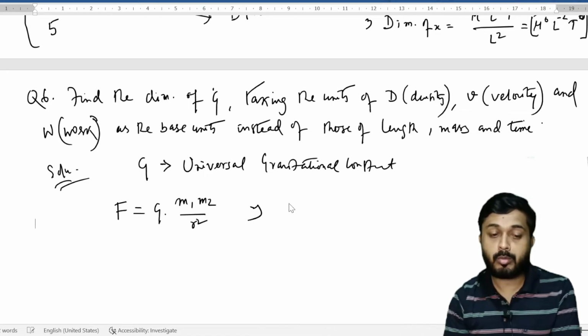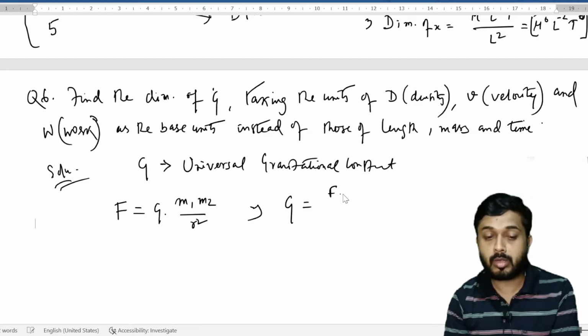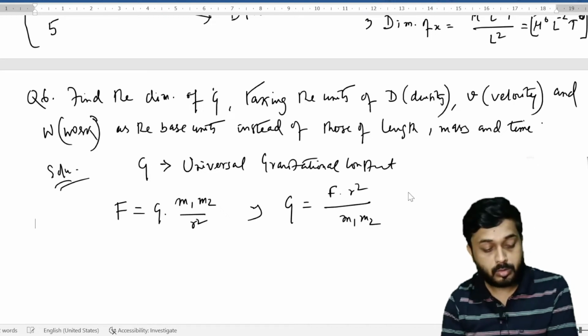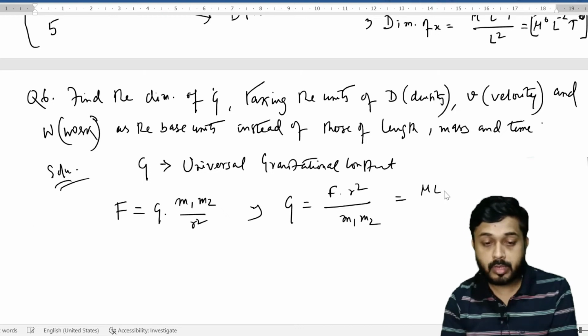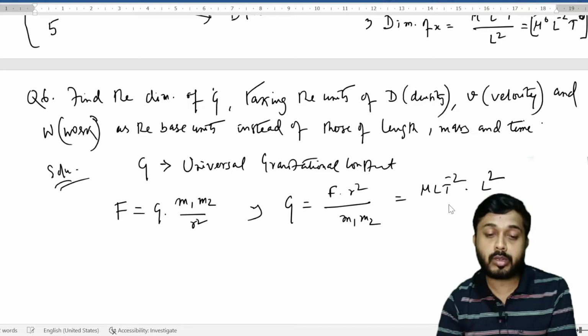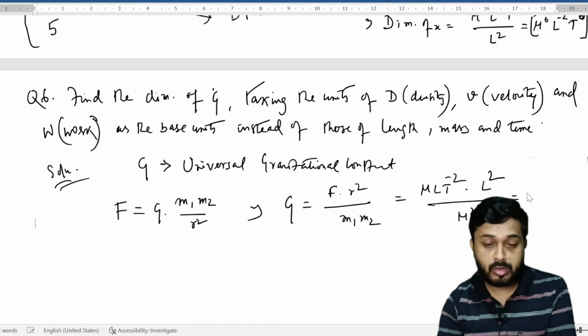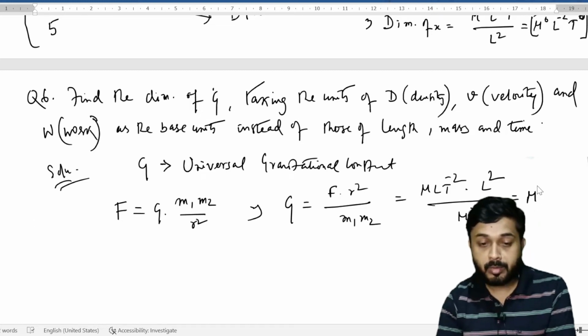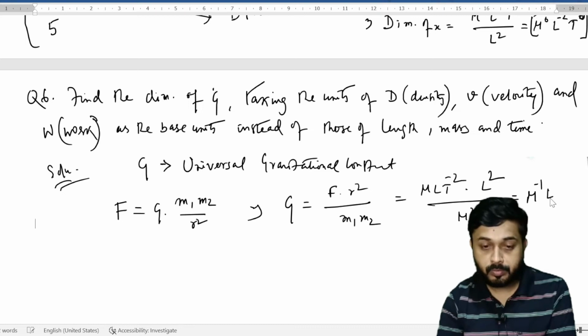From here you are getting G is equal to F into r square by m1 m2. So F is mlt to the power minus 2, r is l square, and m1 m2 is m square. So the dimensional formula we are getting as m to the power minus 1, l to the power plus 3, and t to the power minus 2.